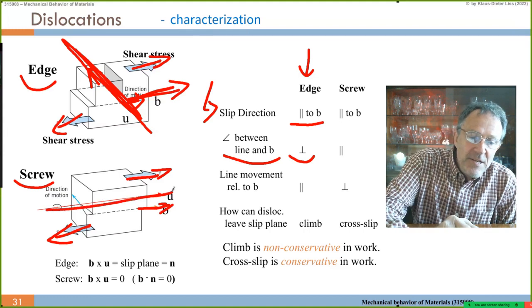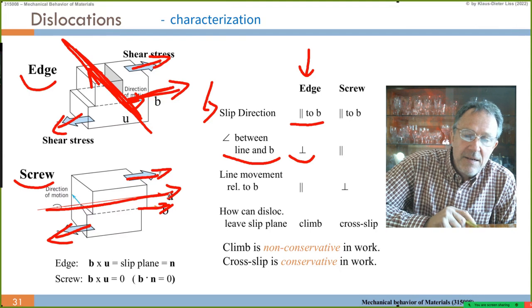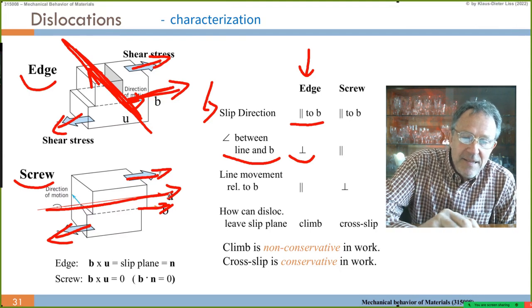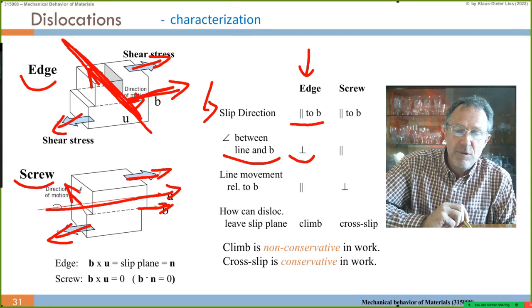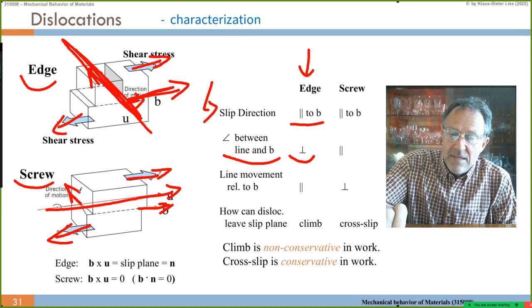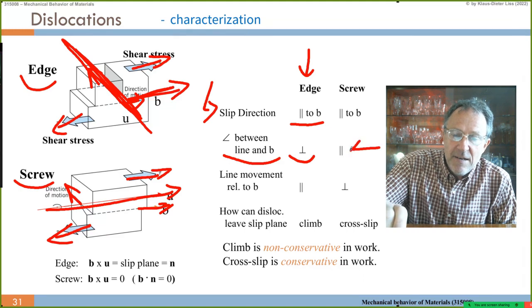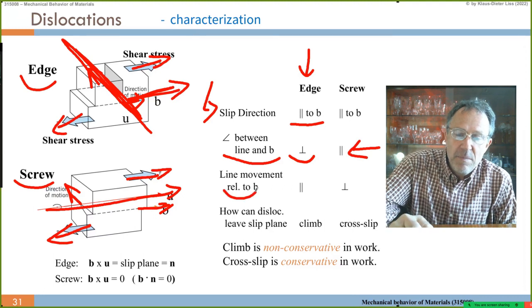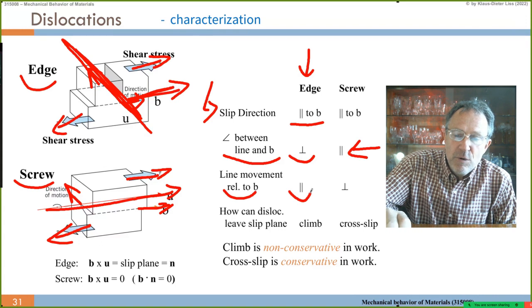The dislocation line is now parallel to the Burgers vector, and the direction of motion is perpendicular to the Burgers vector. I can demonstrate that in a sec. So the angle between the dislocation line and the Burgers vector is parallel in the screw, and the line of movement with respect to the Burgers vector for edge is parallel, for screw it's perpendicular.